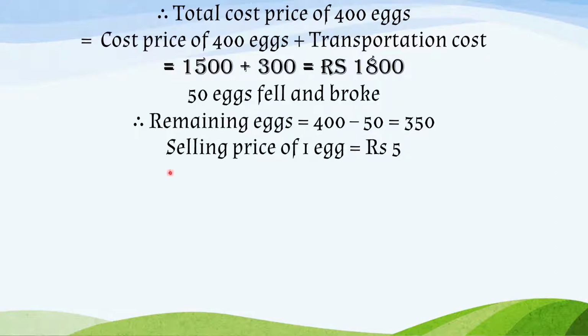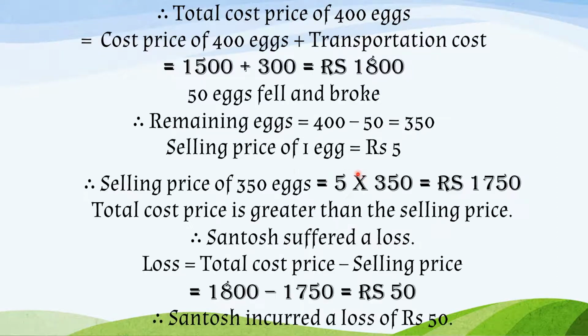350. The selling price of one egg is rupees 5. So the selling price of 350 eggs is 5 multiplied by 350, that is equal to rupees 1750. So the total cost price is greater than the selling price.